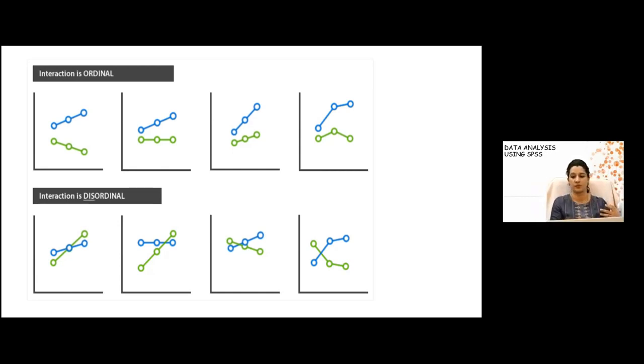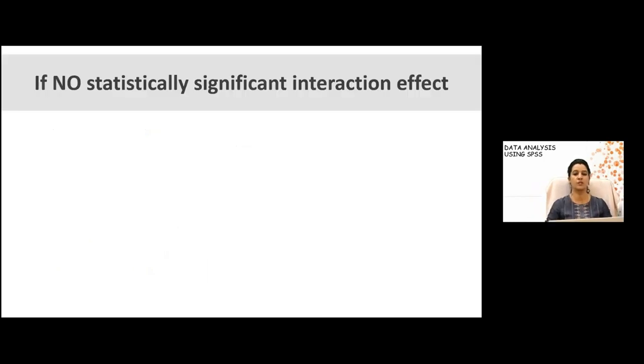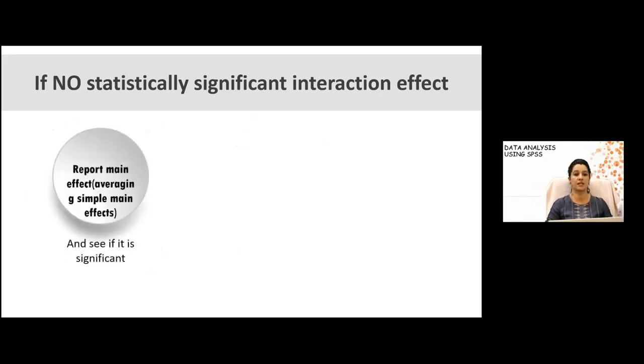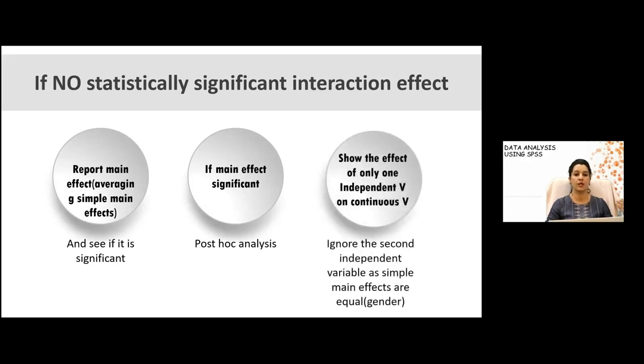So there is no statistically significant interaction effect. I am saying that an interaction effect may be there, but it is not statistically significant. In that case, report the main effect. The main effect is basically averaging the simple main effect. And if the main effect is significant, then we do the post hoc analysis.